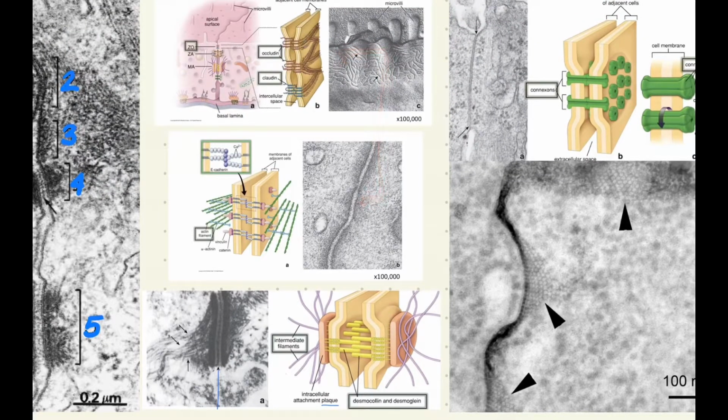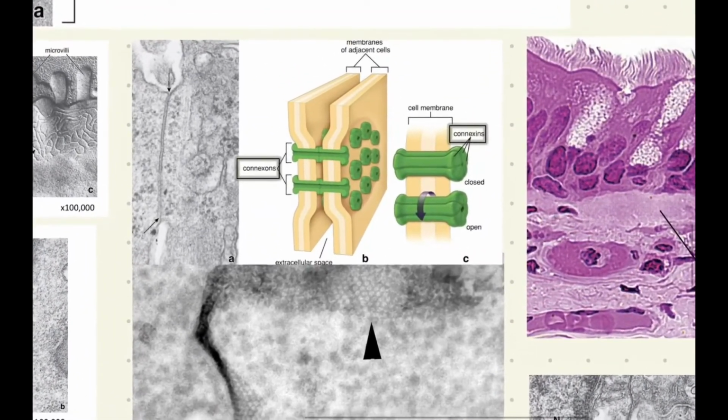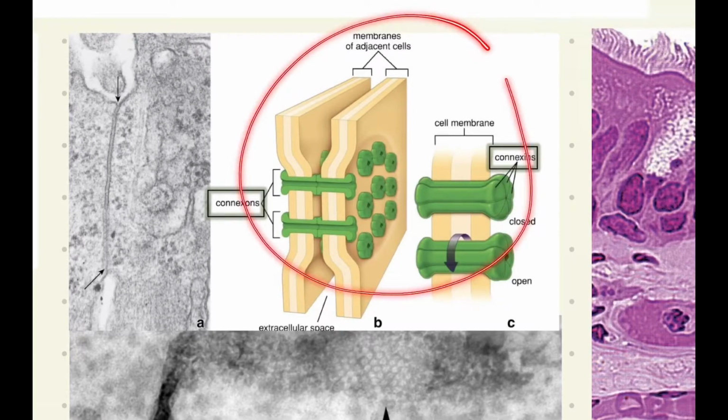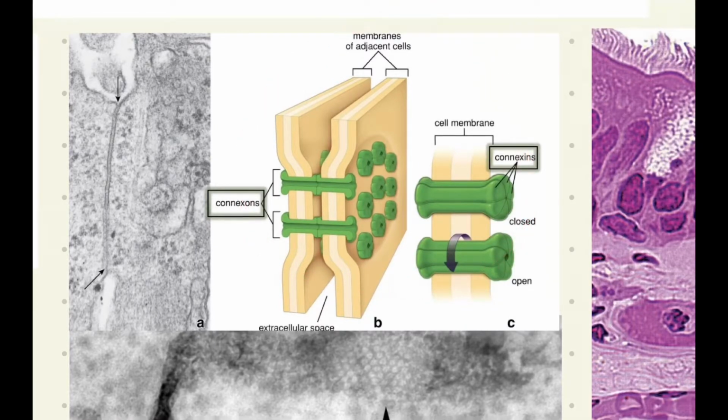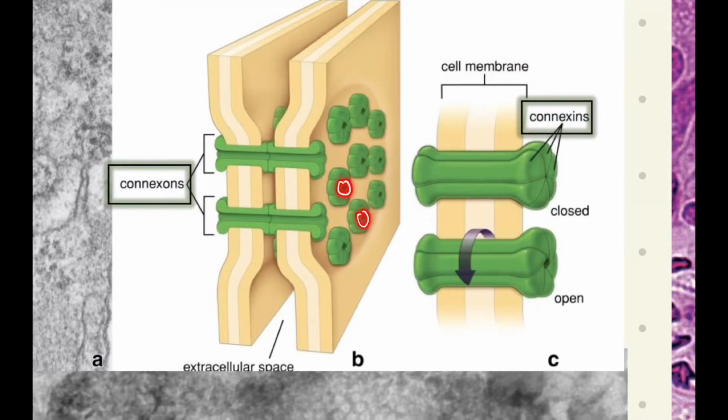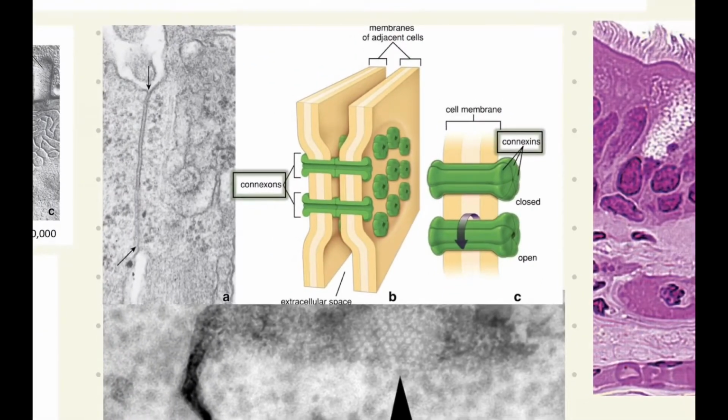So remember that these two both attach to actin, but this one attaches to intermediate. Now we move on to gap junctions. So this is going to be the cartoon of a gap junction. It's characterized by connexins. Connexins basically form this hexamer structure, and it allows for little pores to pass through. So you see this most commonly in things like neurons, where you allow for cell-to-cell communication, right?